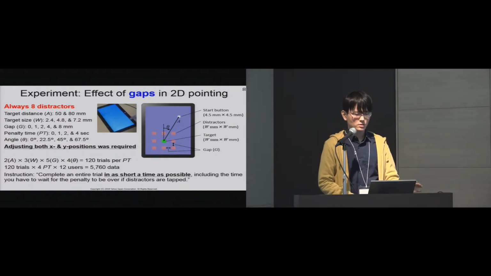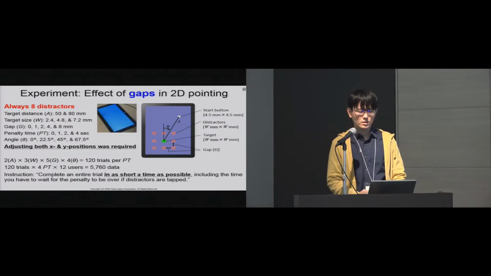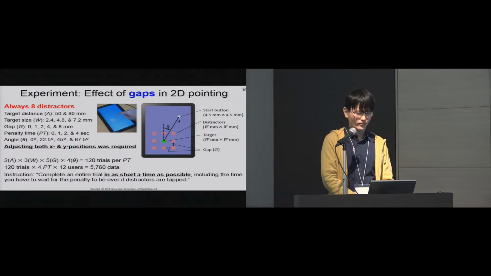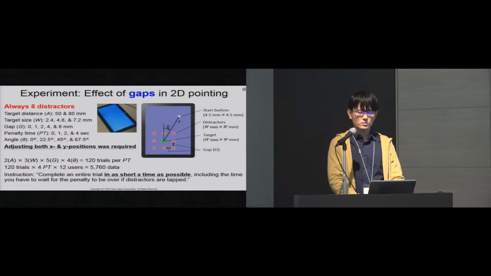So in this situation, participants had to adjust their finger positions both on X and Y axes. In total, 120 conditions were included. And the goal of this task was to complete an entire trial in as short a time as possible, including the penalty time.